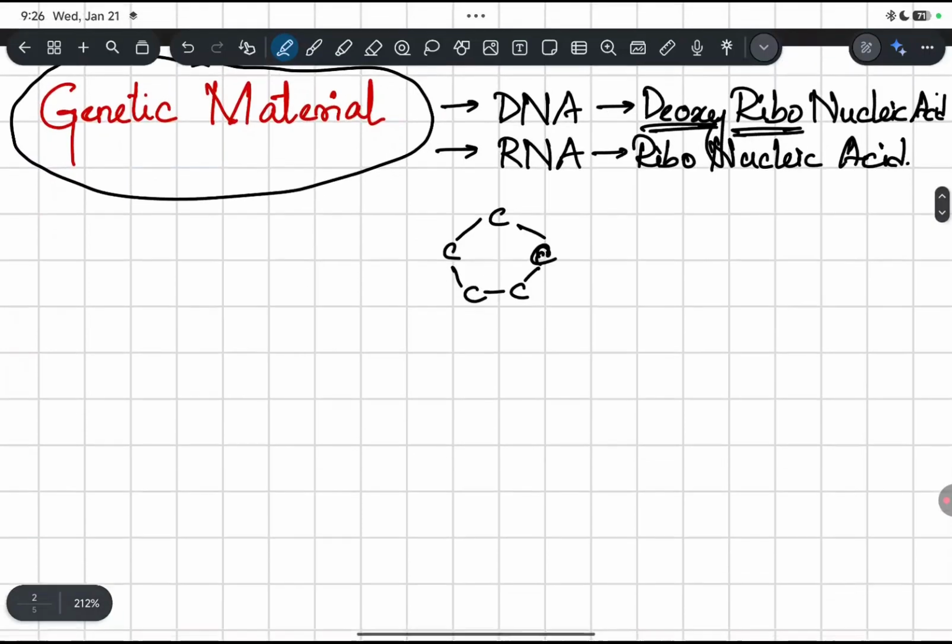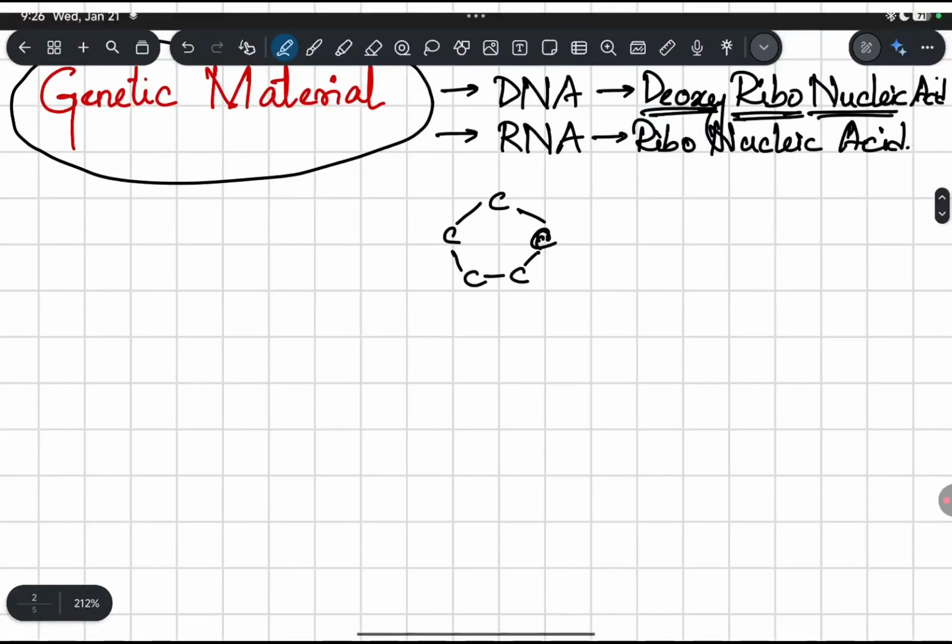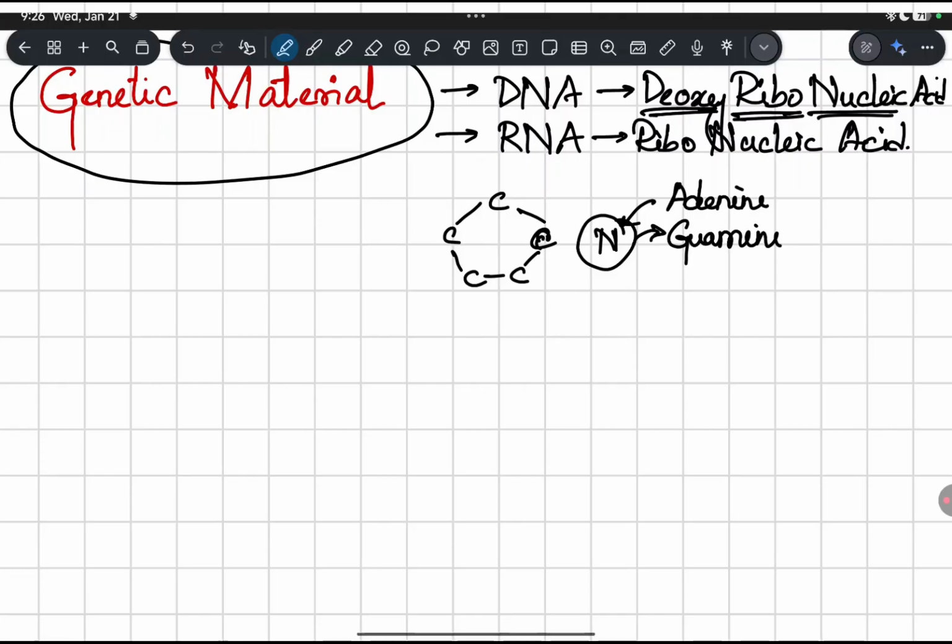So yeah, and why nucleic? Nucleic because it has four nitrogenous base compounds present. That is, there is adenine, we have guanine, we have cytosine, and we have thymine, right?